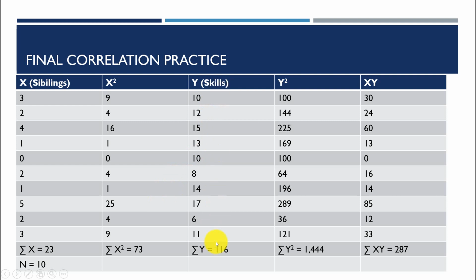Sigma y is 116. Sigma y squared, 1,444. And sigma xy, 287. And I, of course, moved the n equals 10 down. As predicted, we'll go ahead and move these over to our other screen where I'll have these arranged in a way that we'll move through the calculation.